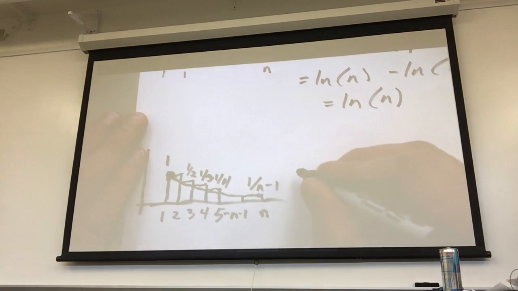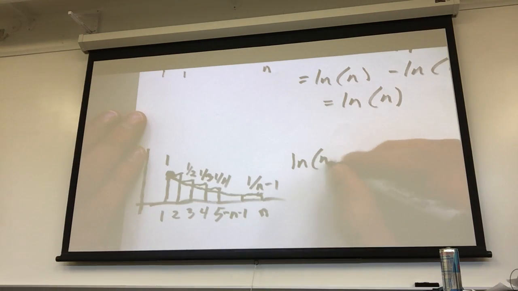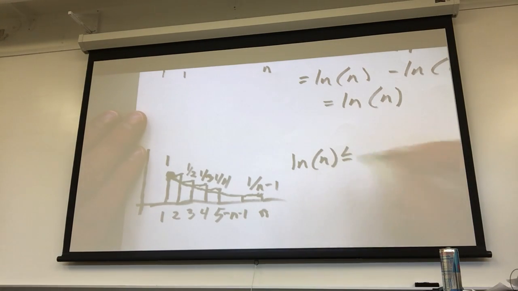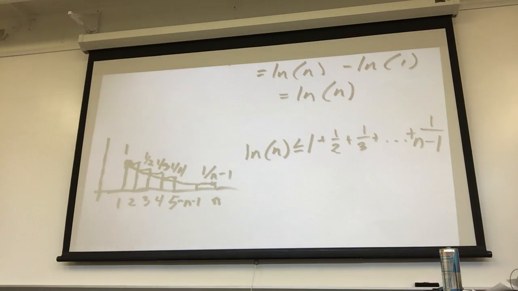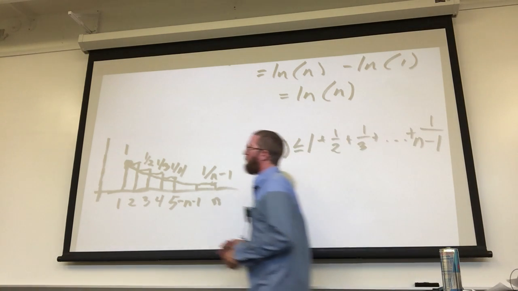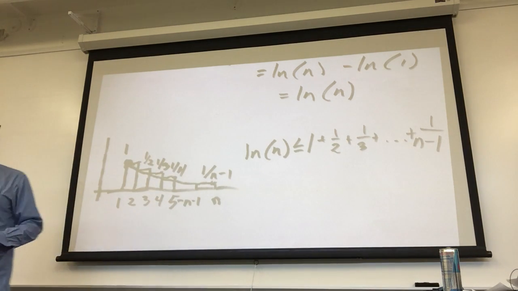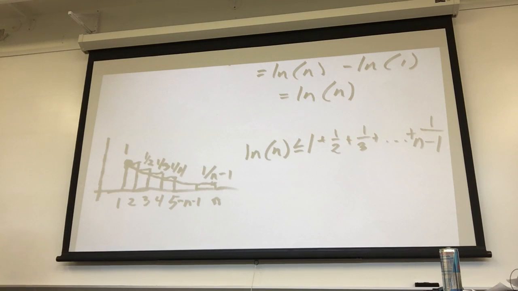Is that the natural log of n is going to have to be less than 1 plus 1/2 plus 1 divided by 3 all the way up until we get to 1 divided by n minus 1. Okay? Because all of those rectangles lie above the graph. Okay, well, if I can make this statement right here, there's nothing to stop me from adding in the extra term. Okay?